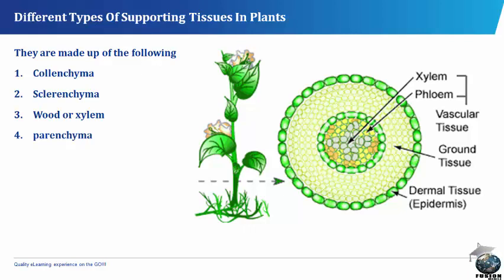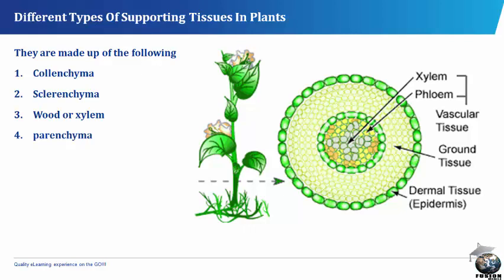This gives the stem strength. They photosynthesize since they contain chloroplast. Example, stem of sunflower. The sclerenchyma is made up of dead cells whose walls are uniformly thickened. The walls are made up of lignin. This gives support to the plant.